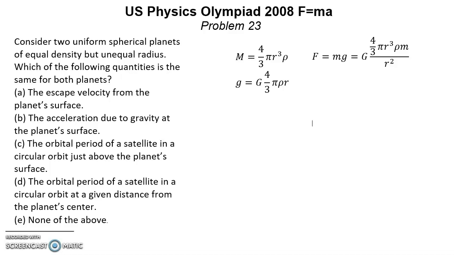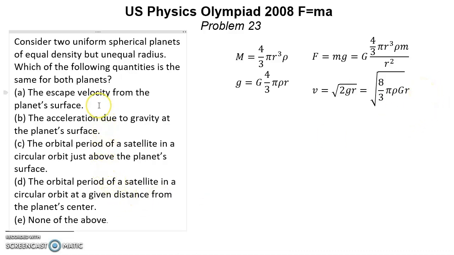And after that we can find the escape velocity from the surface of the planet. We know that escape velocity equals root 2gR. After this substitution, we can take this formula. Here we see that escape velocity is proportional to radius. So it means that it's not the same for both planets with different radii.